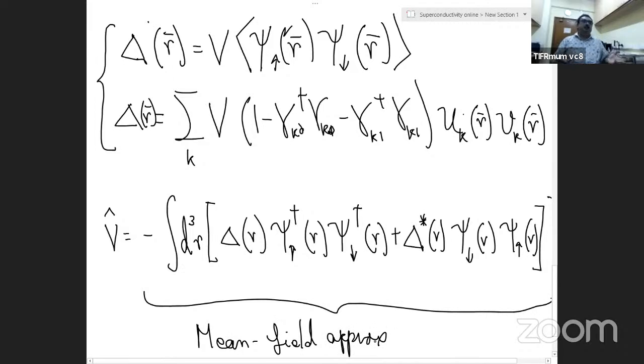This is the mean field approximation that we have to always do to get rid of 4 operator terms.